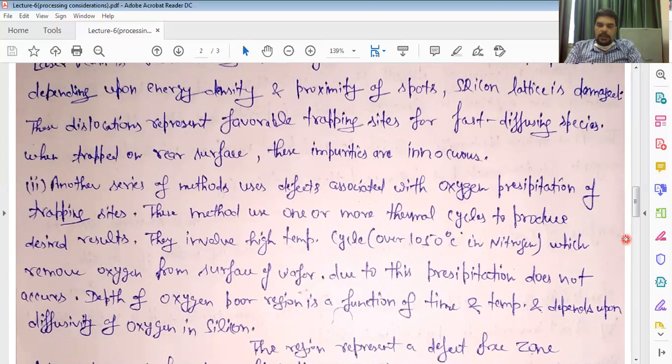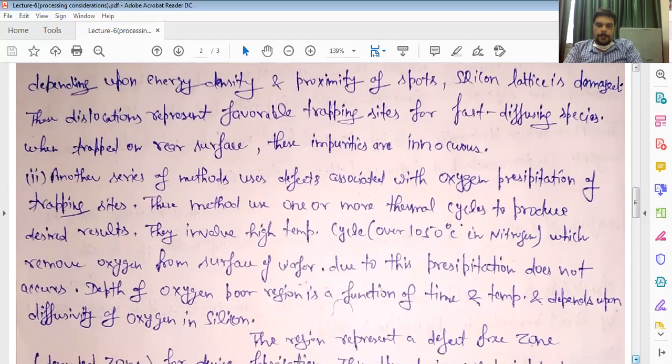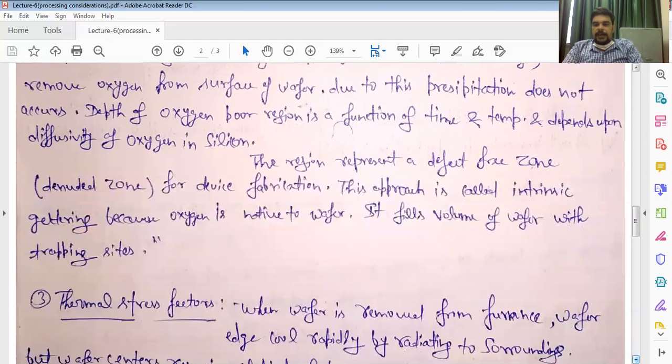They involve a high temperature cycle around 1050 degrees centigrade in nitrogen, which removes oxygen from the surface of the wafer, so precipitation does not occur there. The depth of the oxygen poor region is a function of time and temperature, and depends upon the diffusivity of oxygen in silicon. This region represents a defect-free zone, also called the denuded zone, for device fabrication.